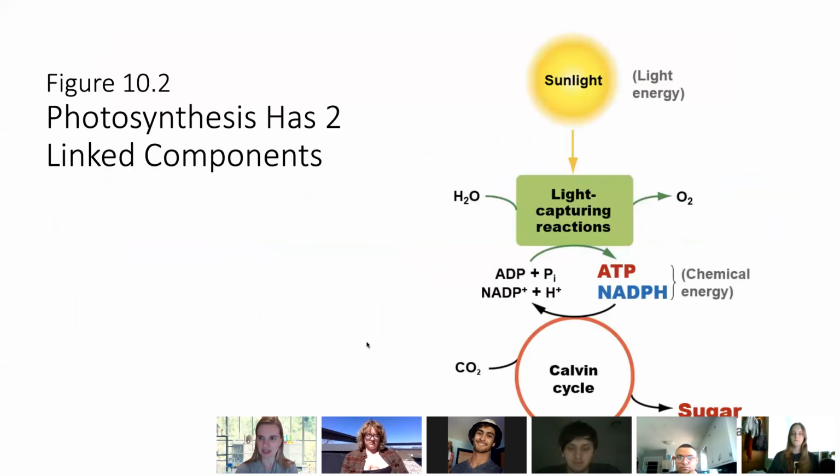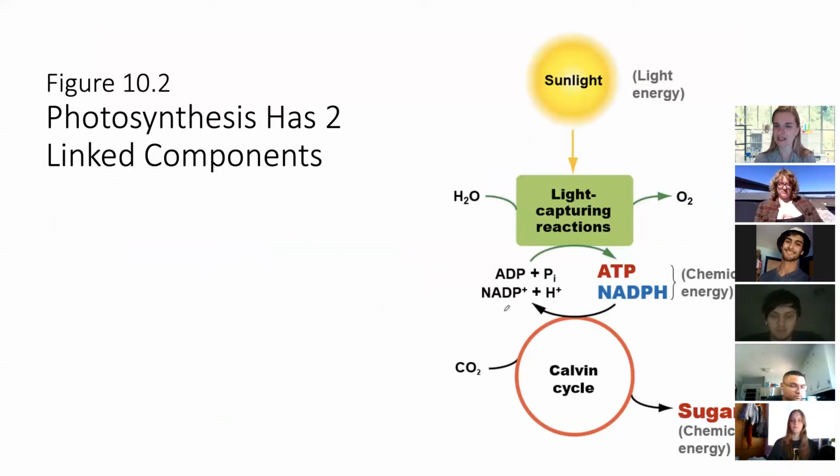This diagram here is a nice simple diagram that I would encourage you maybe to draw in your notebooks. What we see happening here is the basic process of photosynthesis, including both the light-dependent reactions and what are often referred to down here as the light-independent reactions.